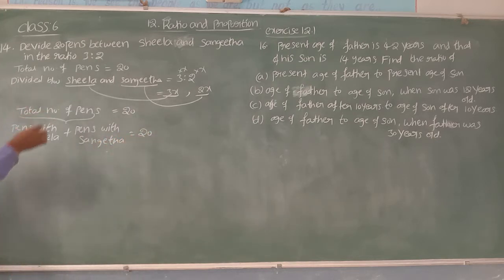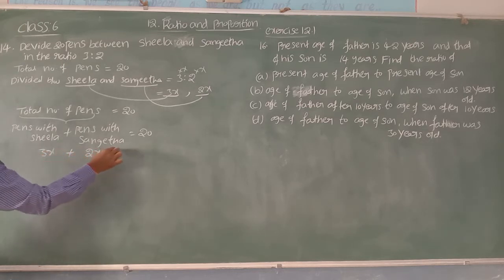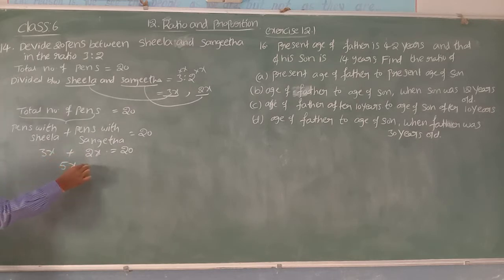How many pens are there with Sheila? 3x. Pens with Sangeeta, 2x, is equal to how much? 20. 3x plus 2x gives us 5x equal to 20. Now to find x, the 5 gets transposed. x is equal to 20 by 5. 5 1s are 5, 5 4s are 20. x is equal to 4.